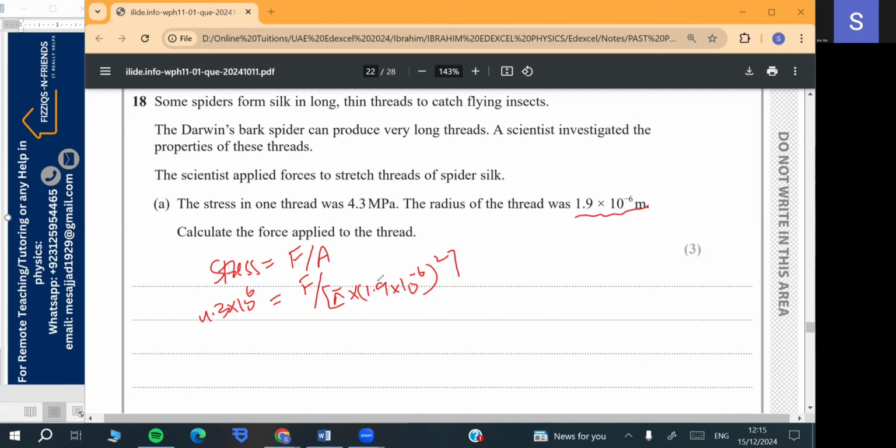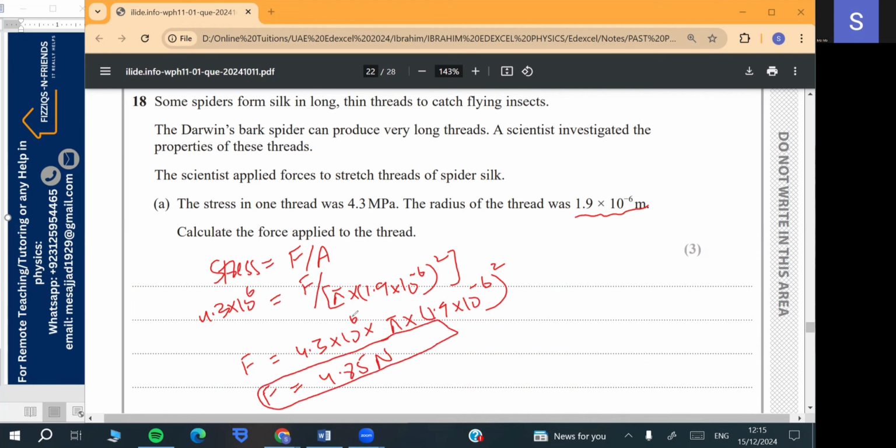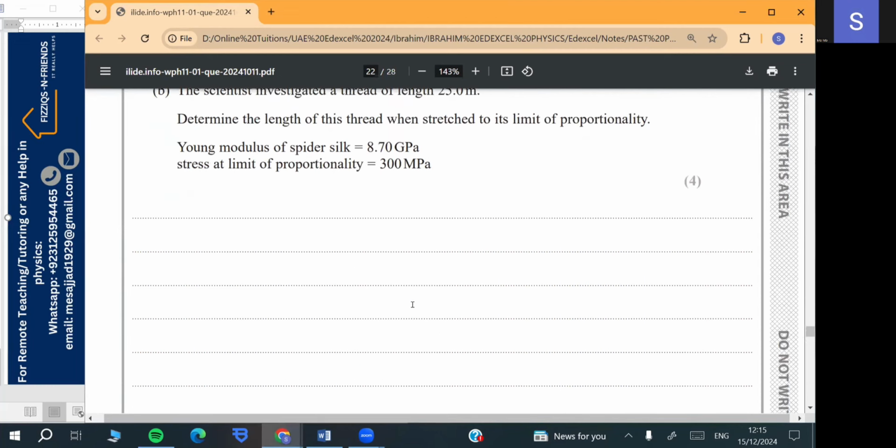This will be your area. From here we need to just rearrange it, and that will give you the answer for force. This was very easy to do.